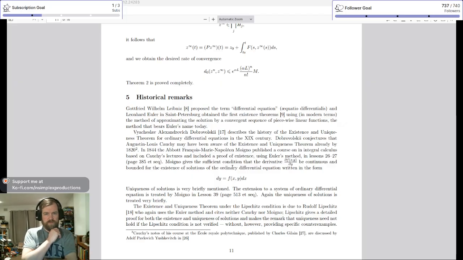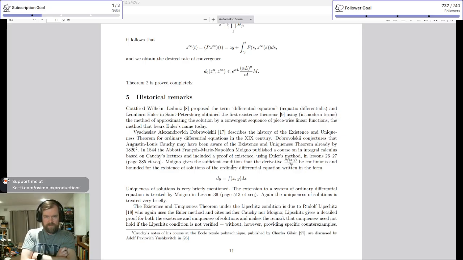In 1844, the abbot François-Marie Napoleon Moignot published a course in integral calculus based on Cauchy's letters and included a proof of existence using Euler's method. Lessons 26-27.